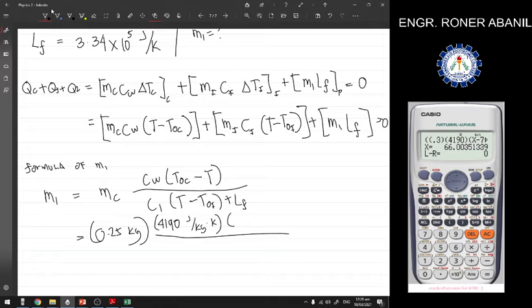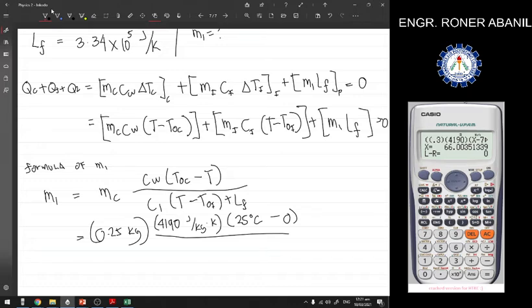Initial temperature ng cola is 25 minus T. Yung T natin, dapat daw mag-0. Tama. Final temperature is 0.